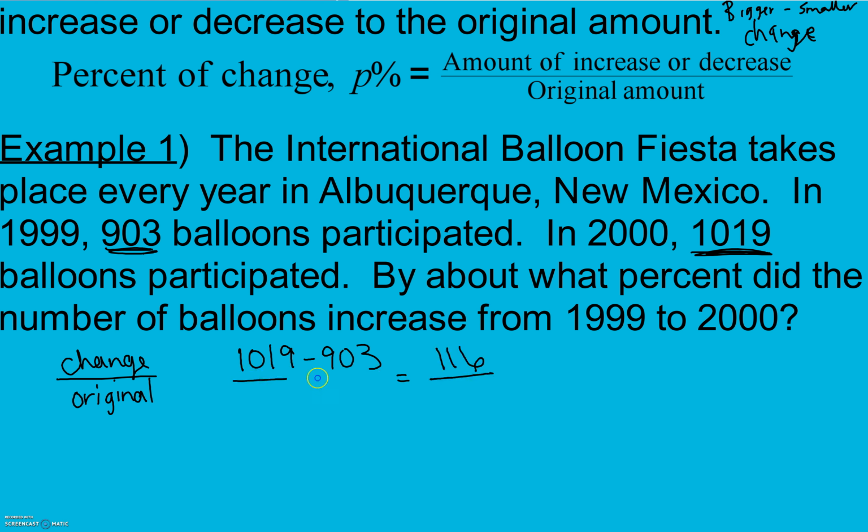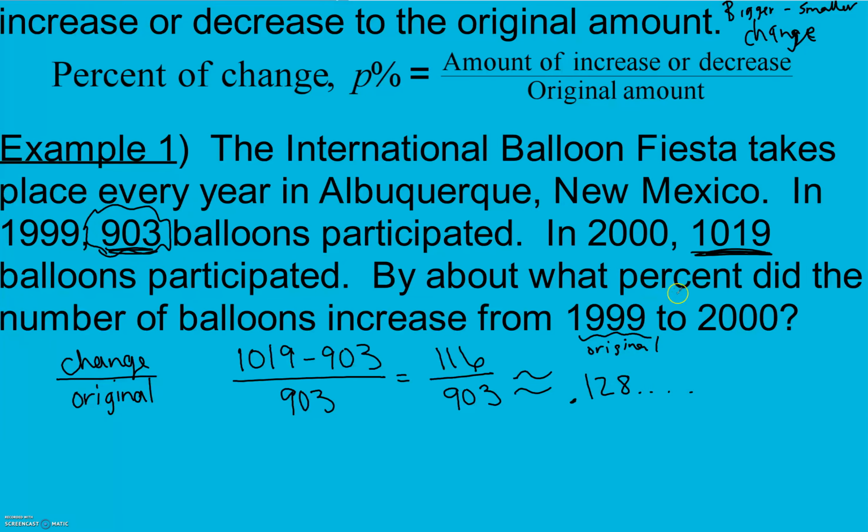And I'm going to divide by my original. And if we look here, we increased from 1999 to 2000, which means 1999 is our original year. So we're going to look at our value there, and it's going to be the 903. When I divide here, I get approximately 0.128 something.